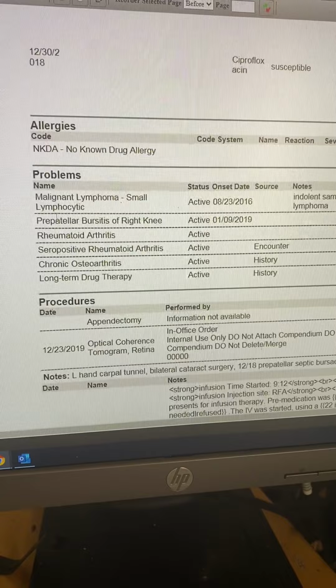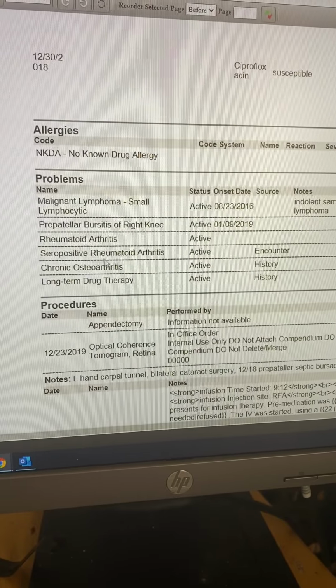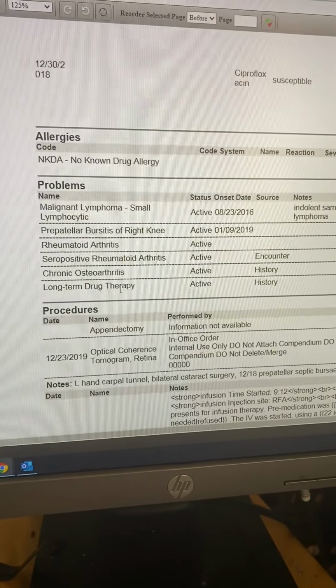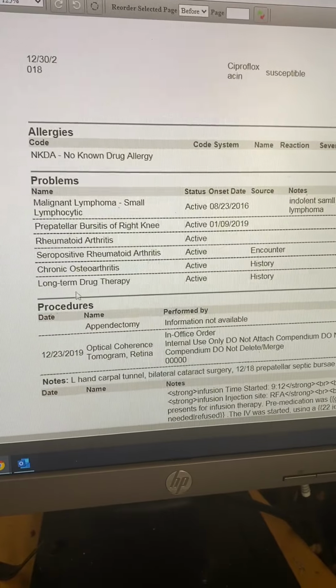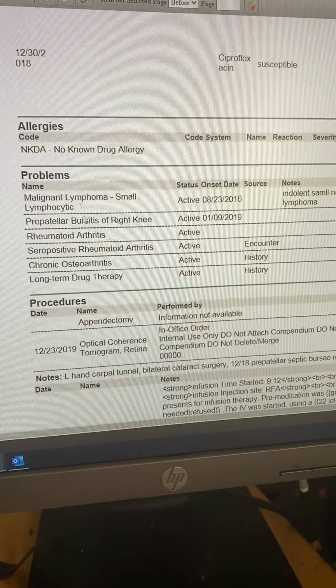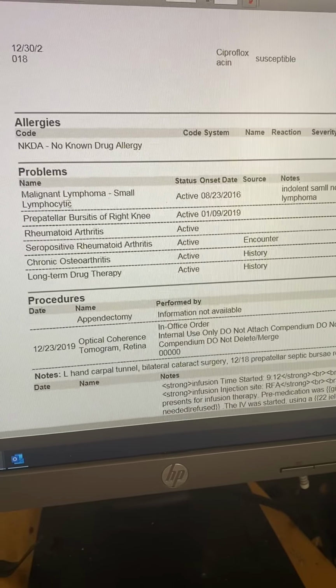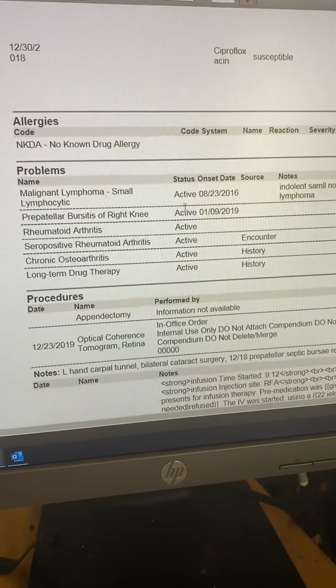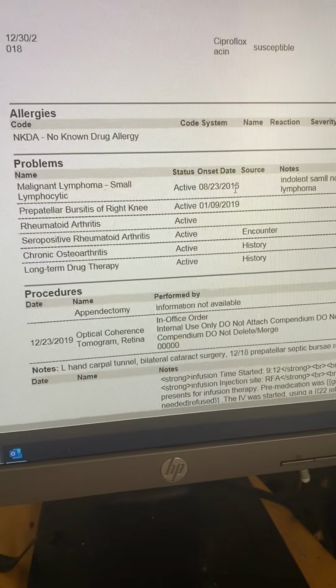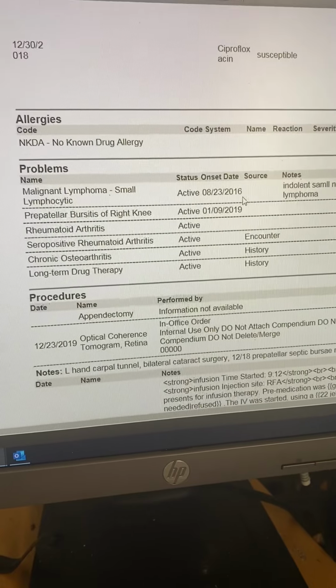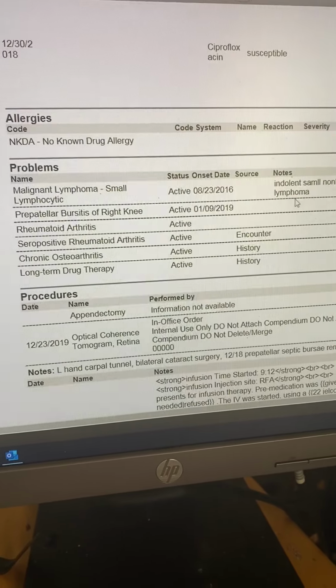So they also have some knee problems. They got rheumatoid arthritis. So of all of these, there's only this one that risk adjusts. Of course, the malignant lymphoma risk adjusts as well. So it was active starting 2016. And here are some notes, non-Hodgkin lymphoma.